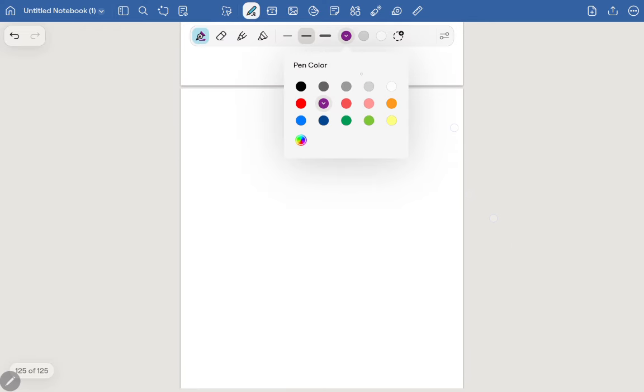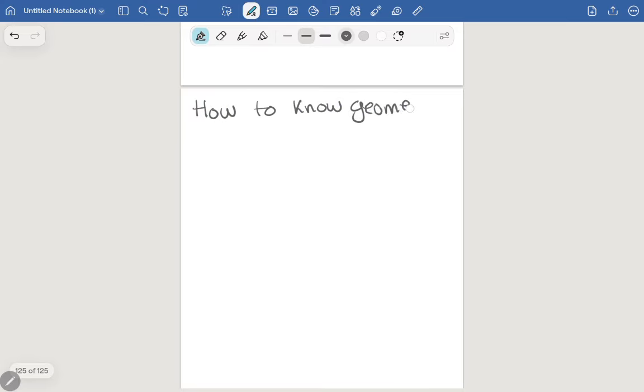Now, how do we know the geometry of a shape? This will require a little bit of memorization, okay? So the title of this page is How to Know Geometry of a Shape. First thing, you need to draw the Lewis structure.